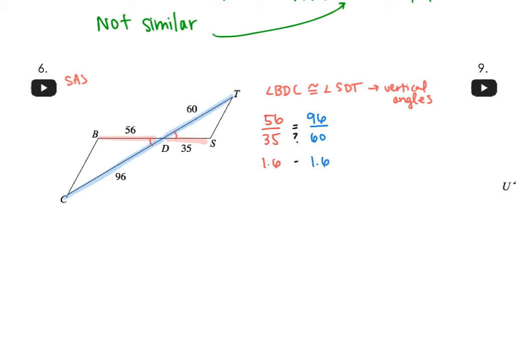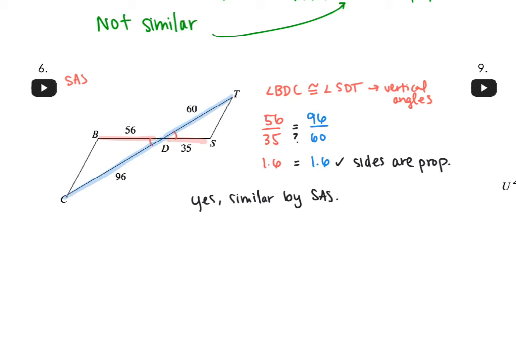So because those ratios are equal, we would say that the sides are proportional. And then we can say that the two triangles are similar by side angle side. That's because the included angle, the angle between the two sides, is congruent, and the two sides are proportional. The ratios are equal.